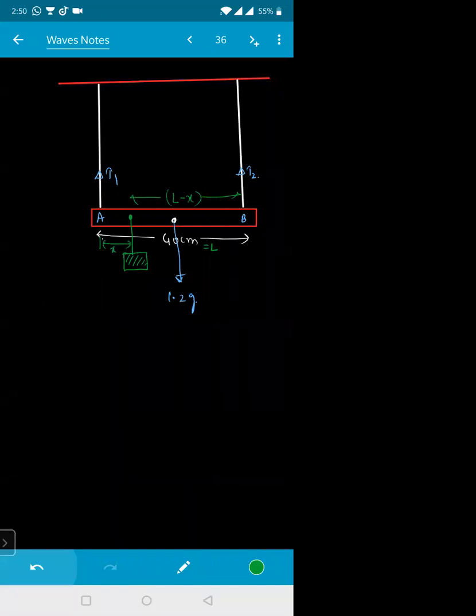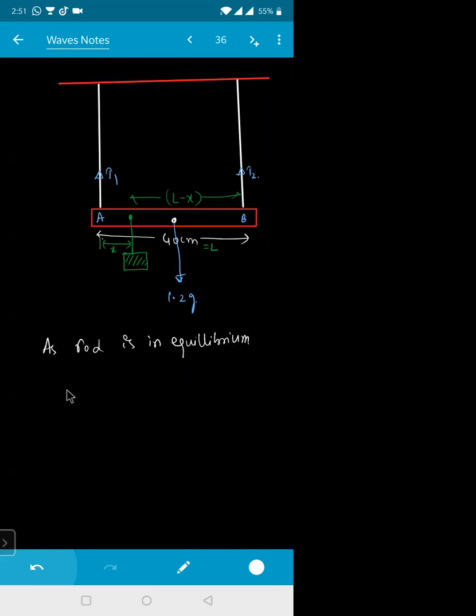Since the rod is in equilibrium, beta, the total torque acting on the system must be equal to 0, and the total weight acting on the body should also be balanced by the vertical forces, isn't it? You see here, the rod is in equilibrium.